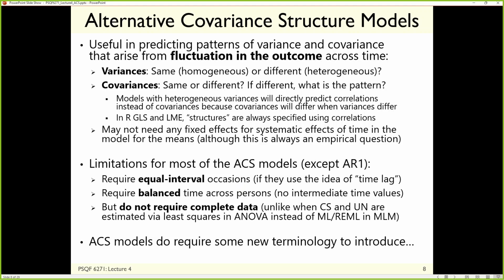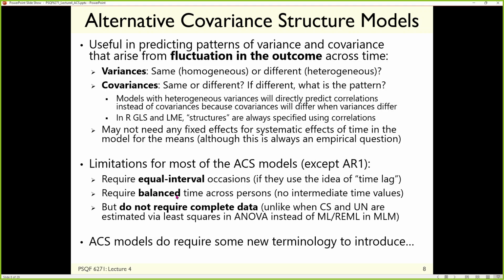If you have something like pre-test is time 0, and then the next occasion is 3 weeks later, and then the third occasion is 3 months later, that won't work. That's not equal interval. Because if you're talking about a lag 1 relationship, you wouldn't expect the correlation to stay the same if the distance is not the same as well. So things that are specified in terms of lags, you'll hear me say that repeatedly, require equal intervals.